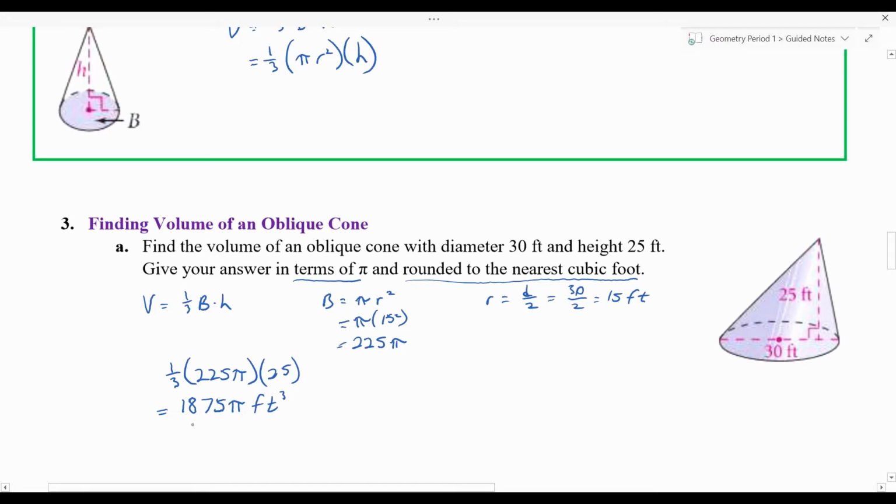Okay, so this is our answer in terms of pi. It's in terms of pi because pi is part of the number in my answer. Okay, so that's it in terms of pi.